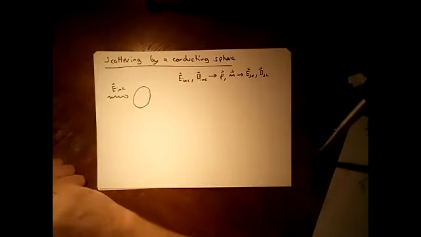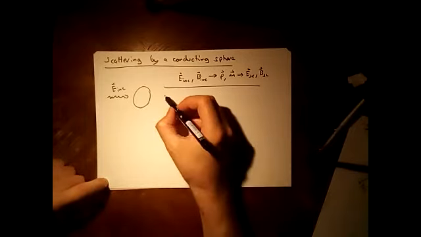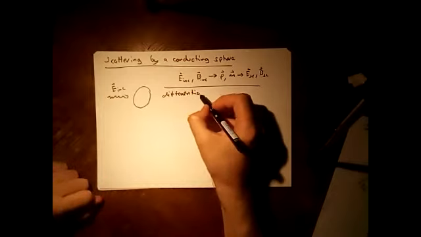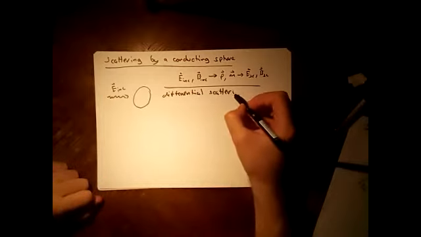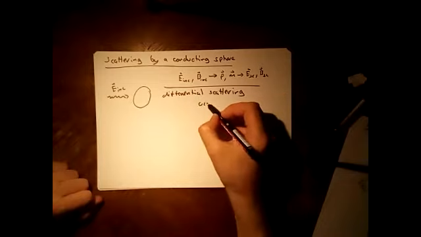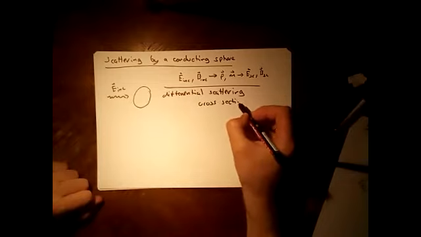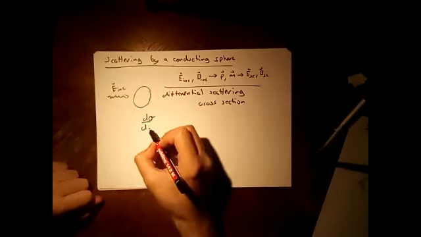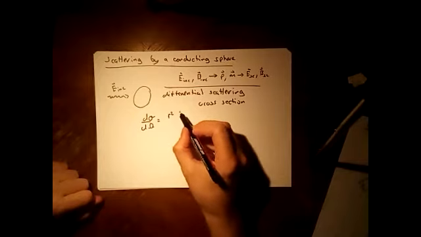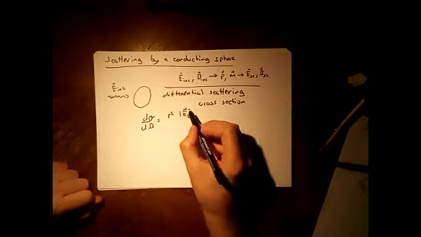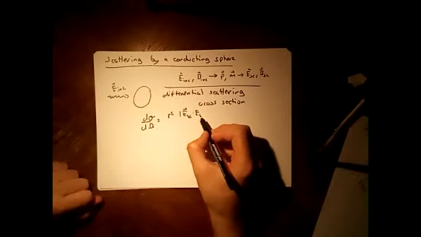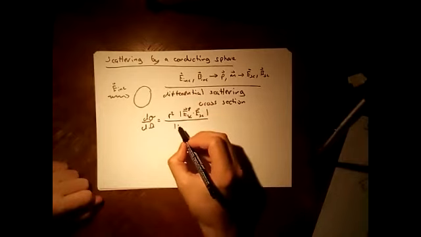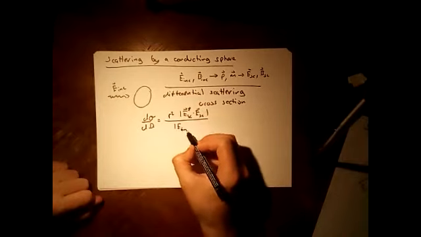Okay, and what we're going to be interested in is the differential scattering cross section, which I'm going to define as r squared times the square, so I can define it like this, divided by E inc rather.